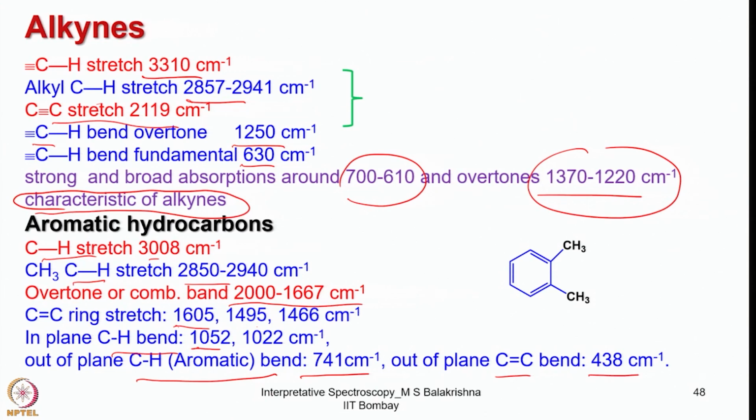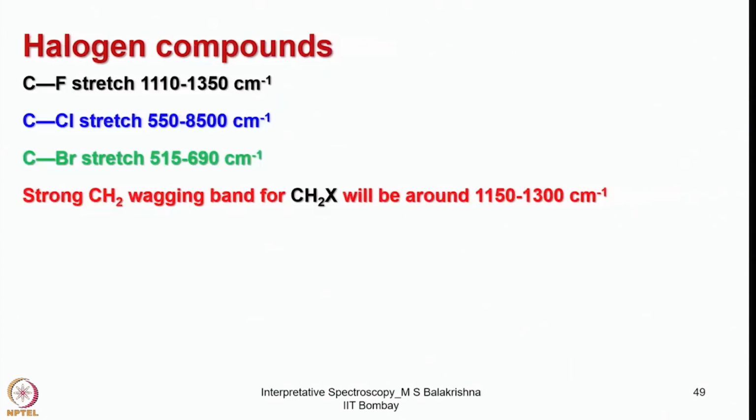There is no need to remember all those things. Now what would happen if halogen bonds are there? Carbon to halogen bonds such as carbon to fluorine, carbon to chlorine, carbon to bromine. In that case, the CF stretch would be in the range of 1110 to 1350 centimeter minus 1, whereas the CCl bond stretch would be 550 to 850 centimeter minus 1.